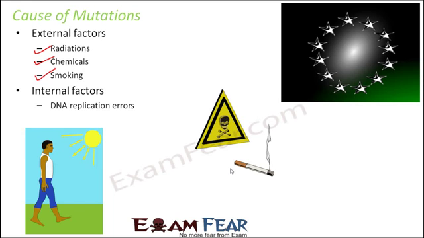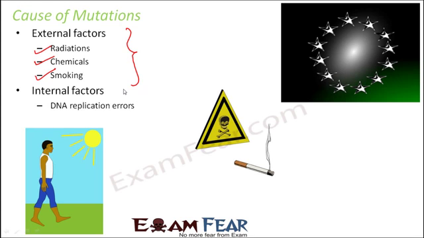This kind of internal error is actually a natural process. It happens whenever the DNA fails to copy correctly. Now, as I said, even because of external factors, due to exposure to chemicals or radiations, the DNA is broken down or some damage is caused to the DNA.